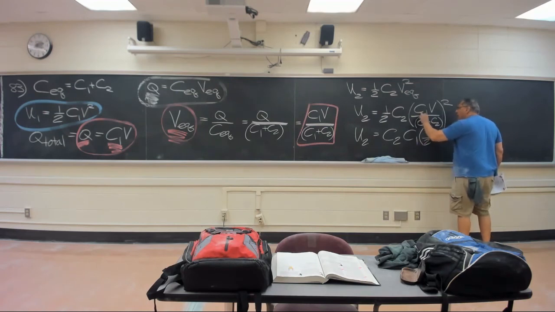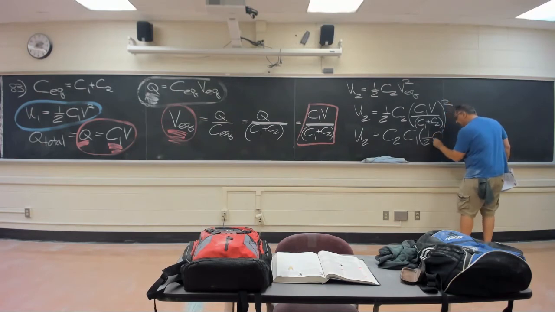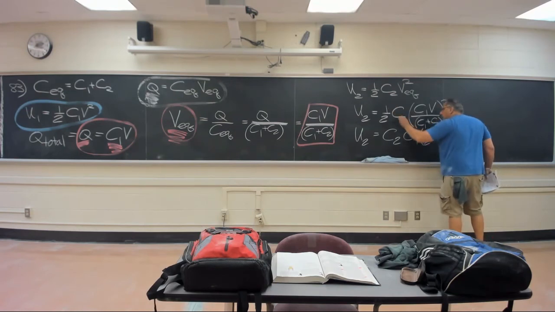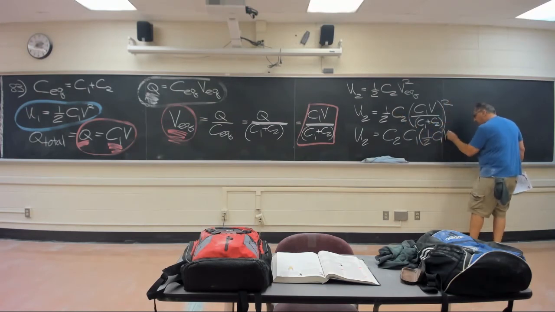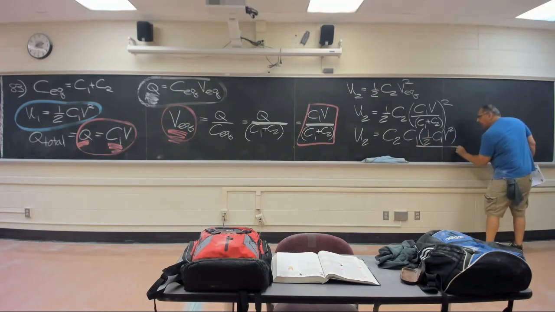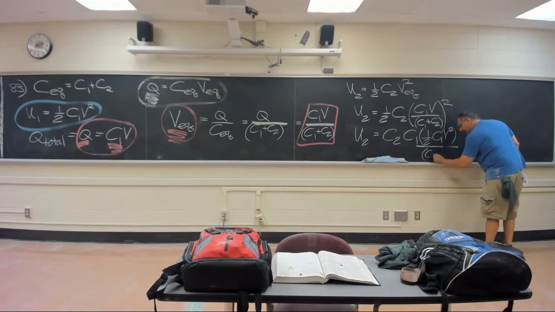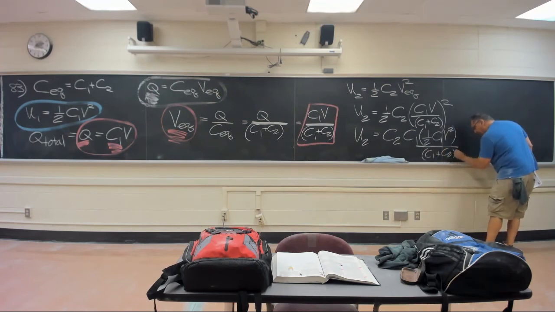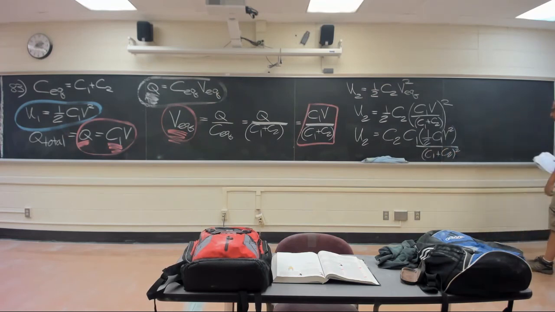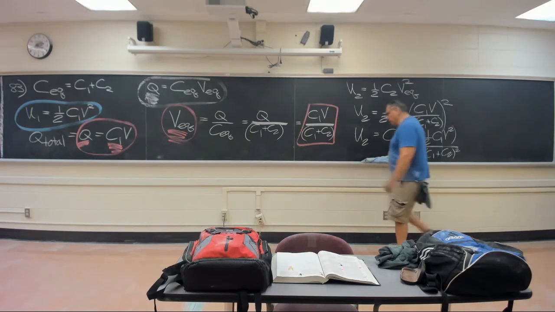Keep one of the C1s in there, bring a half in there. The V squared is here. We got that. And underneath, I think I did it essentially the same way. I just didn't like the way I'm looking at my notes. All right, you got that. That'll work.